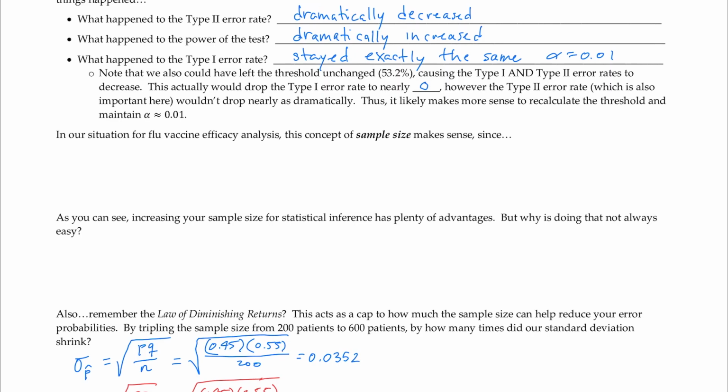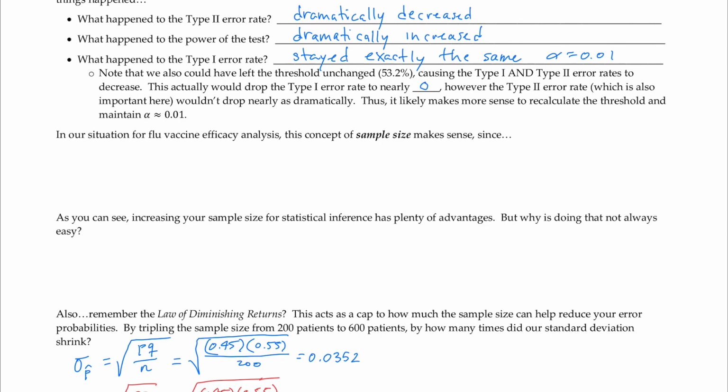What does that end up being? 0.0203. All right, so we compare: we tripled our sample size, but how much more did our standard deviation decrease? Not a ton. It's a good amount, but not a ton here.